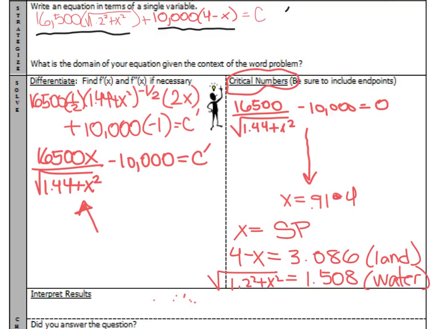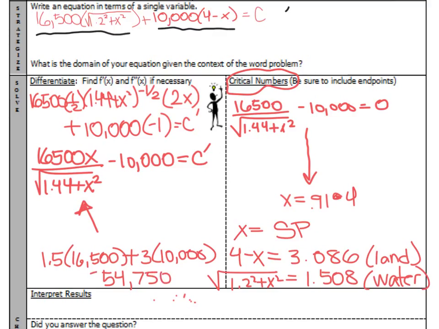Now, to approximate my cost, I could say that it's 1.5 kilometers for underwater, which is $16,500 per kilometer, and then we have approximately 3 kilometers on land, which is $10,000 per kilometer. And doing the algebra, I end up paying $54,750 as the minimum cost to lay this cable for this job.